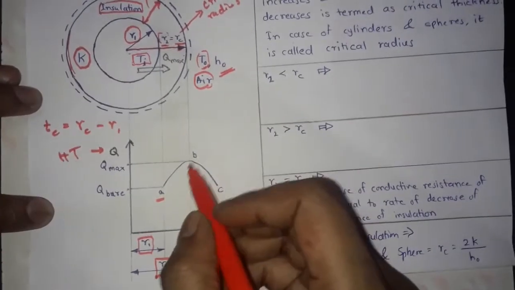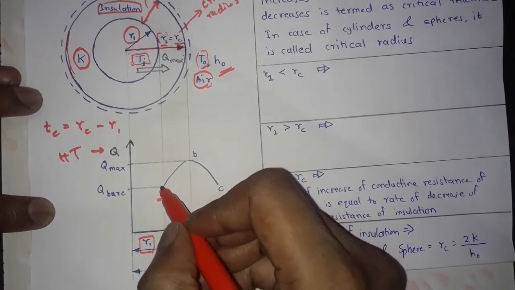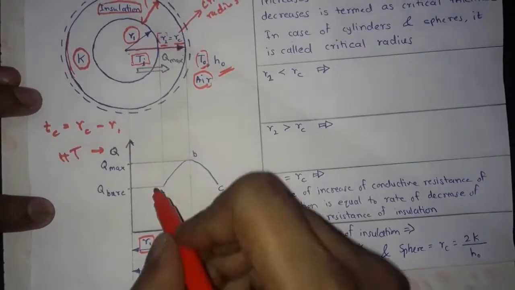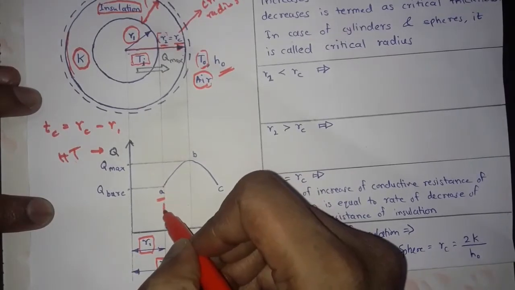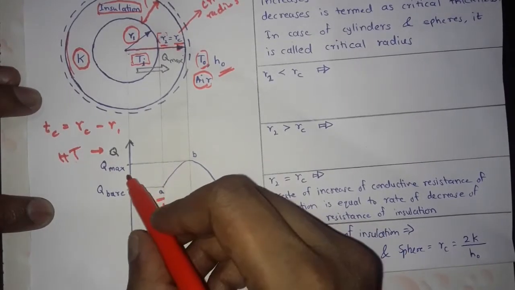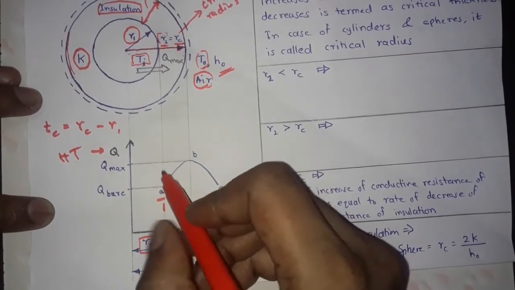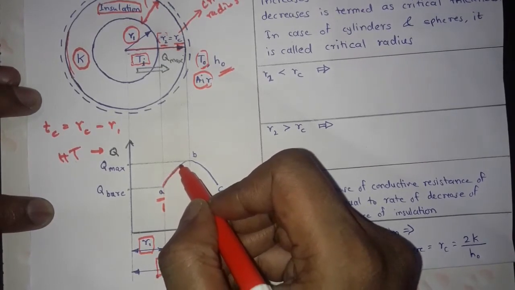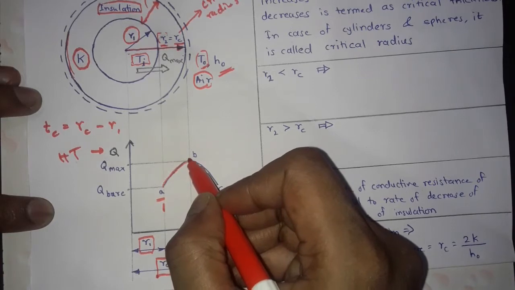As we add insulating material further from this r1 point, heat transfer increases, as you can see in this diagram, and reaches up to this point.